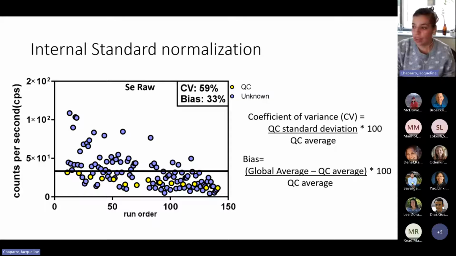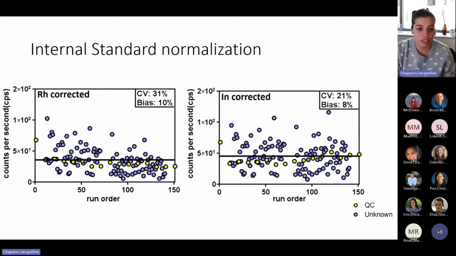But if we have our internal standards and are correcting for some of these issues, we can see that as we're correcting with our internal standard, the CV has gone down, whether we're correcting with rhodium or indium, to better levels, and so has our bias.